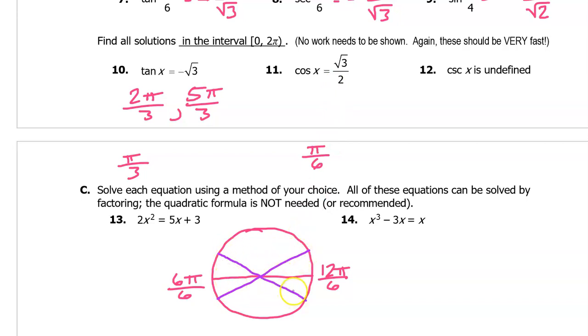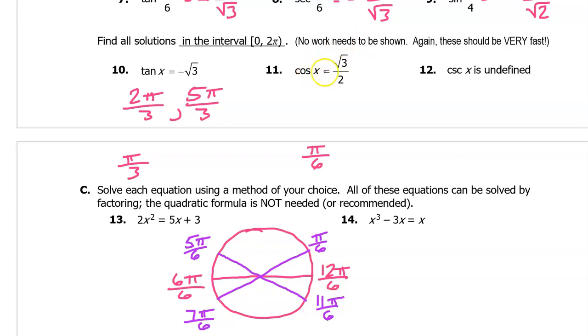There's one in every quadrant. In the first quadrant, it is pi over 6 itself. In the second quadrant, it is 5 pi over 6. In the third quadrant, it is 7 pi over 6. And in the fourth quadrant, it is 11 pi over 6.